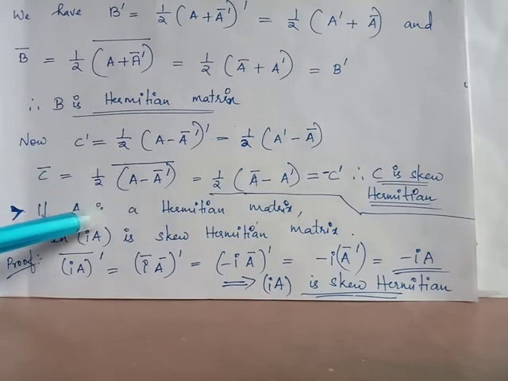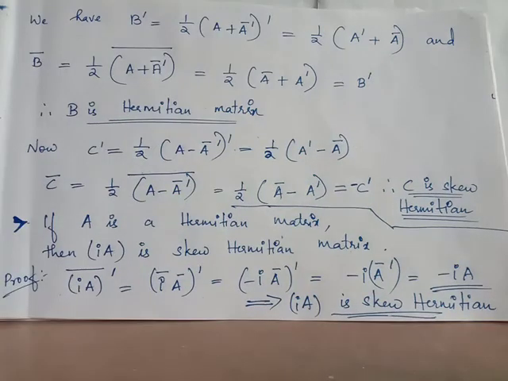If A is a Hermitian matrix, then iA is skew-Hermitian. The property satisfied by any skew-Hermitian matrix C is that C conjugate transpose equals minus C. So here, if we wish to prove iA is a skew-Hermitian matrix, we have to prove that iA conjugate transpose equals minus iA.